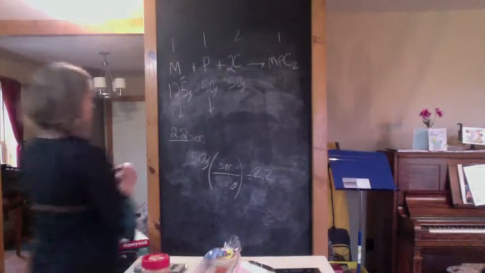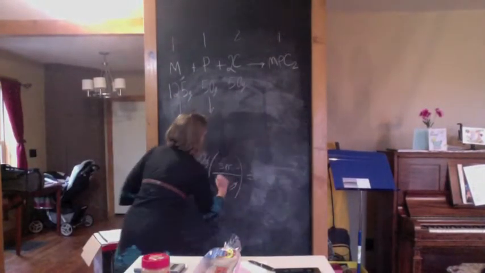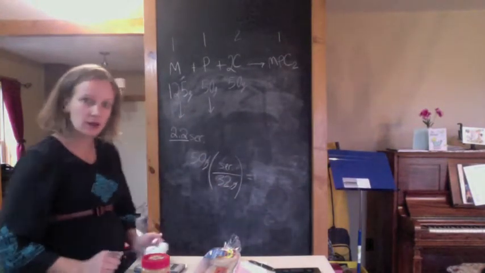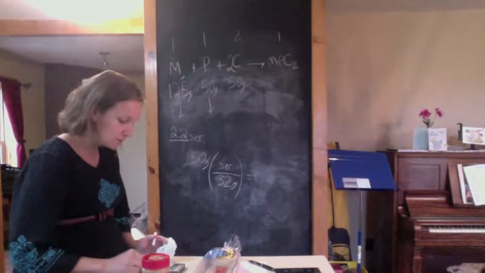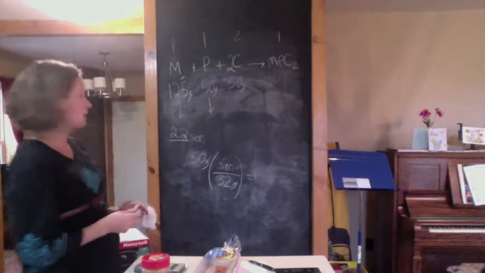So 32 grams per serving. So we have to do 50 divided by 32. And that gives us 1.56.